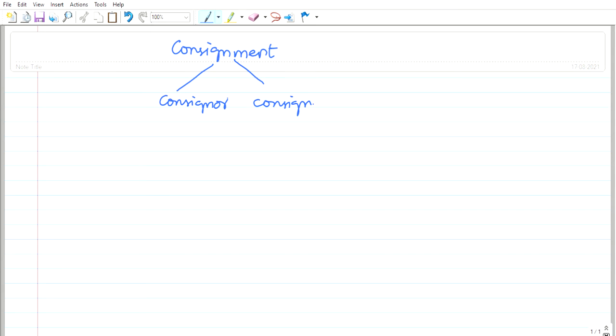In this business, the consignor is the person who will be sending the goods to the consignee, and only goods are transferred to the consignee. That means only possession is transferred. Only the possession is going to be transferred, but ownership remains as it is with the consignor.